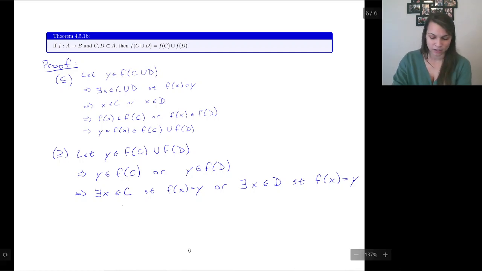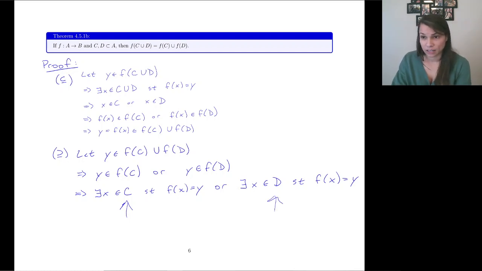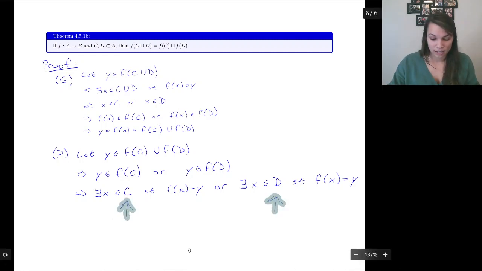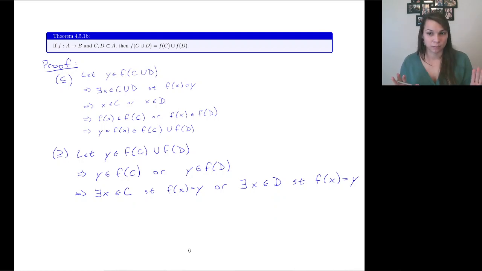Maybe there's an element in C that maps to y, and there's a different element in D that also maps to y. So this or is doing us a huge favor right now because it doesn't matter where the x lives. It just has to be one of them. It doesn't have to be both at the same time.